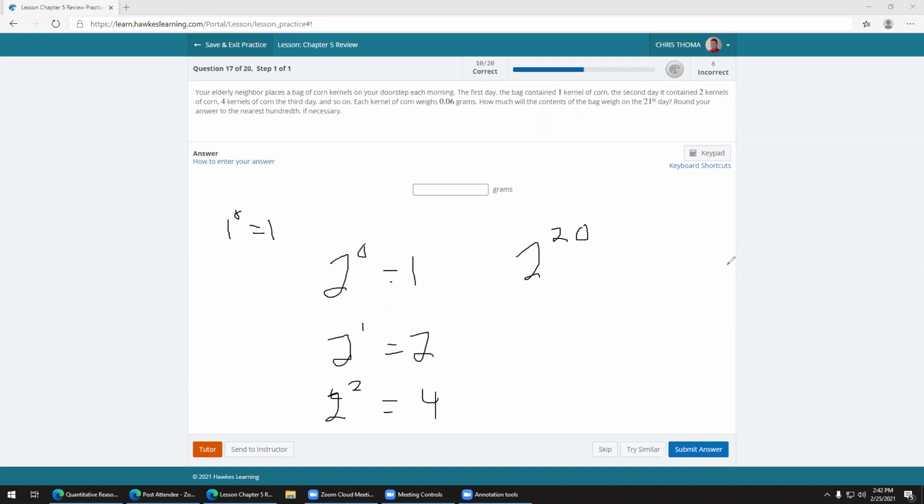That's for how many kernels, and then we're going to multiply that by the weight at the end. So 2 raised to the 20th power is 1048576. It wants to know how much the contents of the bag will weigh, so we're going to multiply that by 0.06.